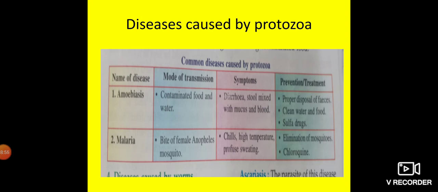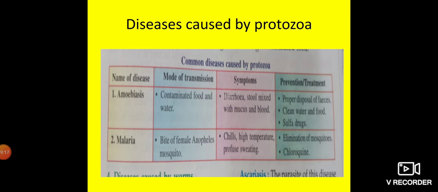So through contaminated food and water, the protozoa called Entamoeba enters the body and affects the large intestine. And the symptoms are diarrhea and stool mixed with mucus and blood.